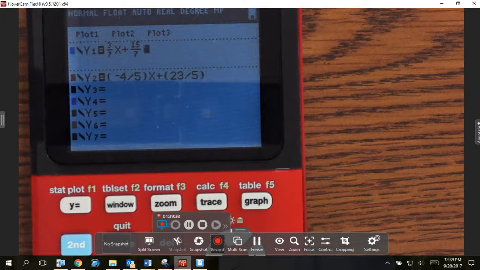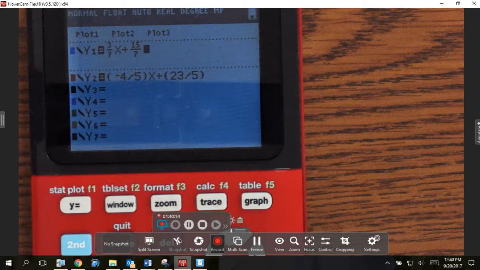Can you type in an equation? Yes, on the graphing calculator.